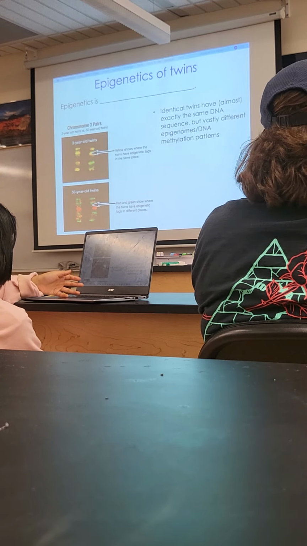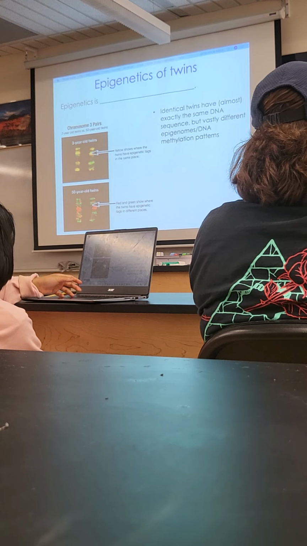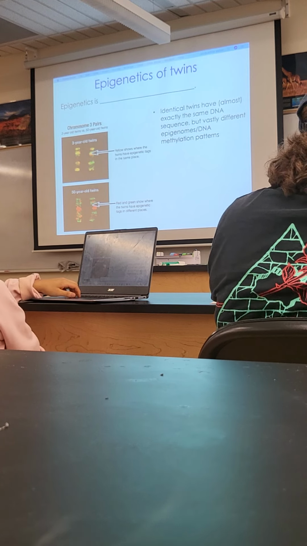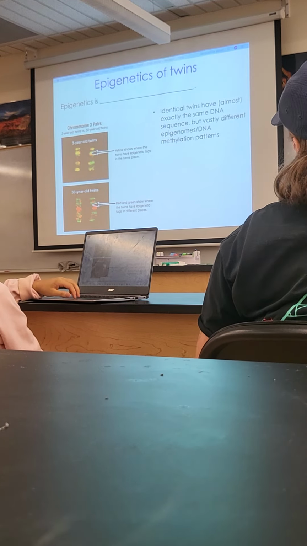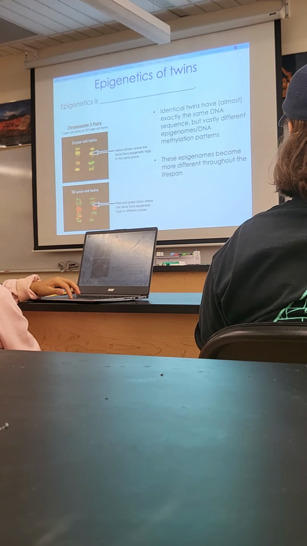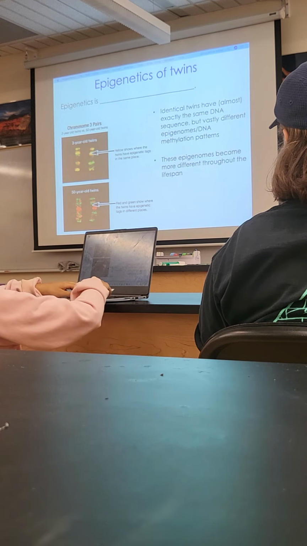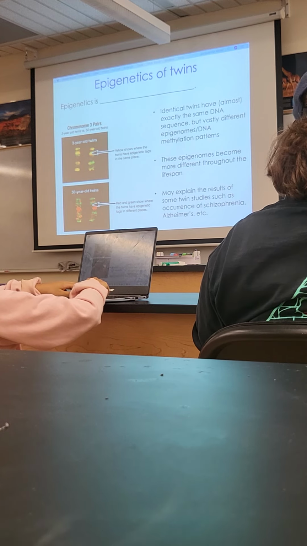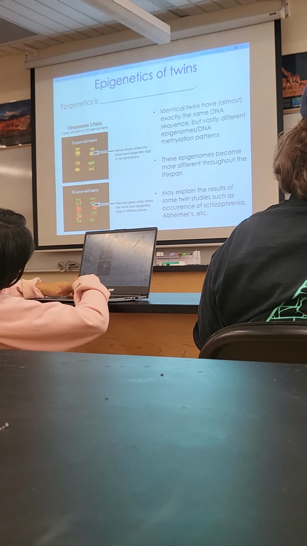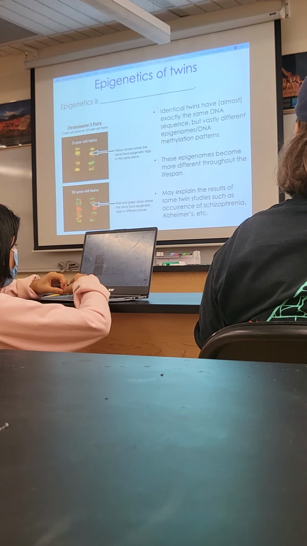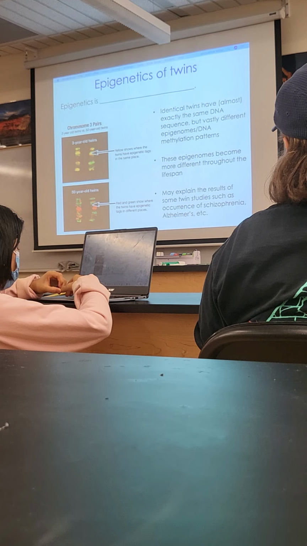So as twins age, they are going to have mutations that occur individually in their somatic cells, but also a big effect is that their epigenome is going to change as they age. So those epigenomes will become more different throughout their lifespan. And that explains why, when they do these identical twin studies, sometimes there are confounding results. They're using the twins as exactly identical, and in actuality, they're really not identical.